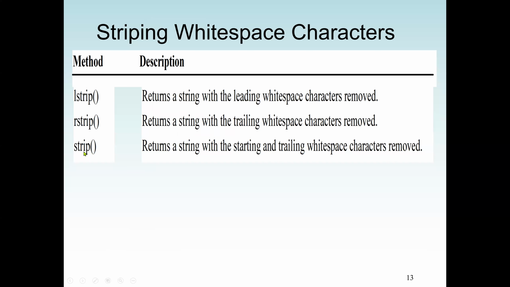And regular strip will return a string with the leading and trailing white space characters removed. So strip will remove everything left and right, but rstrip will remove the right side, and lstrip will remove the left side.